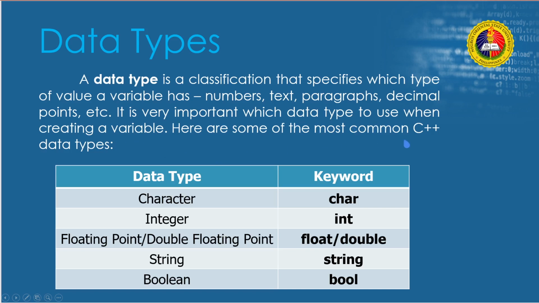Here are some of the most common C++ data types. We have character, and the keyword that we'll be using in programming is char. And then we have integer, that's int. Floating point or double floating point, that's float or double. And then we have string, and then we have Boolean.